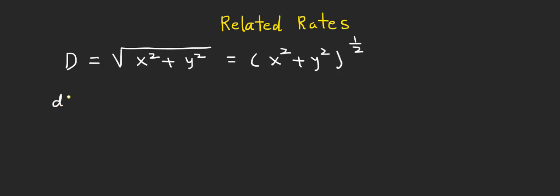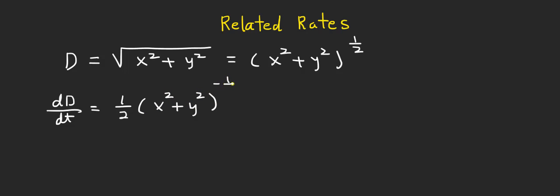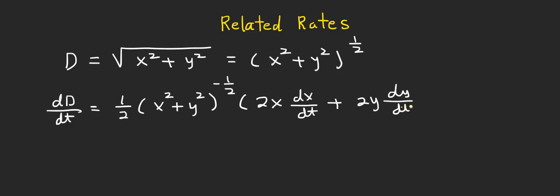So dd over dt is equal to, what is the derivative of that? You have to use the chain rule. So 1/2 times the quantity x squared plus y squared to the negative 1/2, times the derivative of the inside. So the derivative of x squared with respect to time is 2x dx over dt, plus 2y dy over dt.